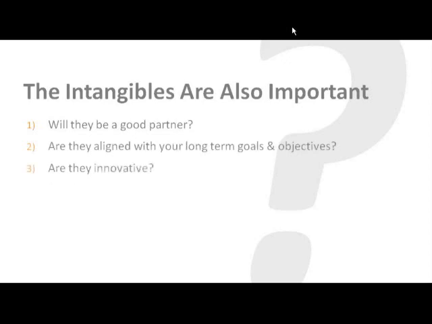You want to look at them from an innovation perspective. Do they have a history of being a market leader, or do they tend to follow along behind the other technologies in their space? You want to look at their clients.